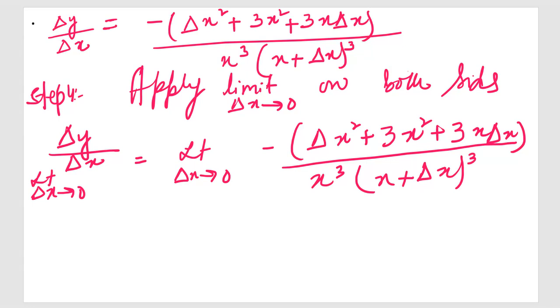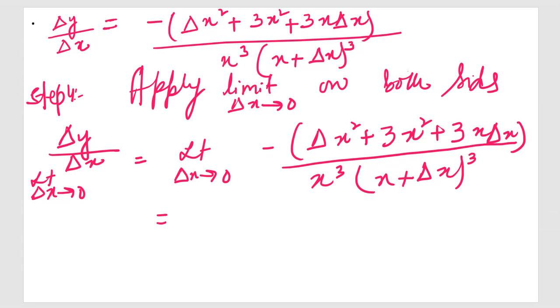We have these three terms in the numerator and these two in the denominator. That is why we have to write the limit here. If we write it here, it applies only to this part. If we write it here, it applies on this part. But if you write it here, it is for the numerator and denominator as well.